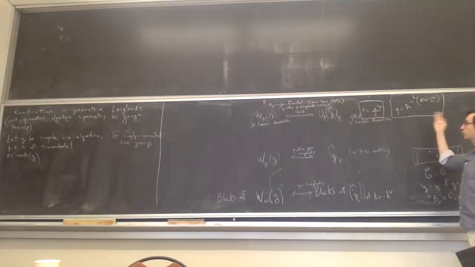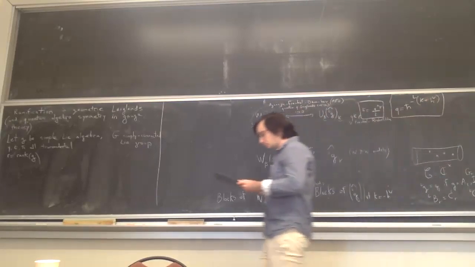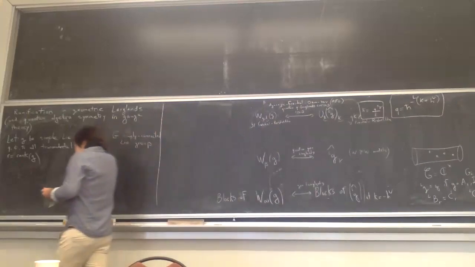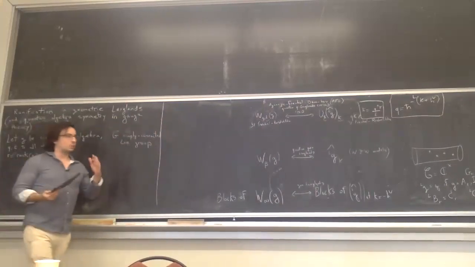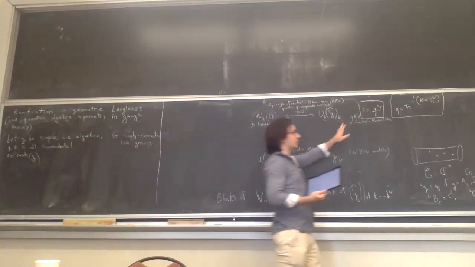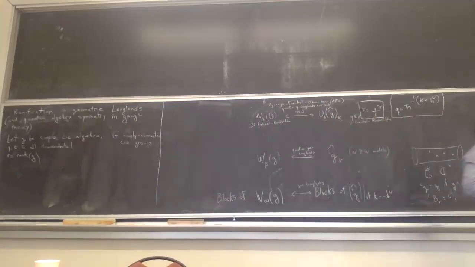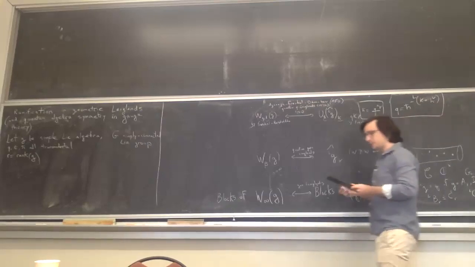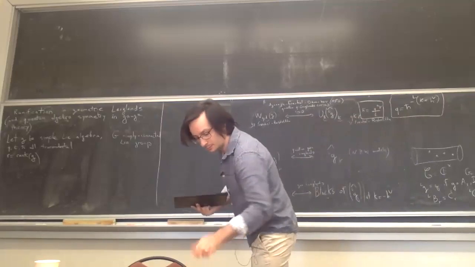You can express Q and T in terms of h bar and the level of the Langlands dual algebra, and vice versa. Okay, so I won't have time to talk about it, but this dictionary implies also a relation to S and T duality in gauge theory in four-dimensional Yang-Mills. Maybe we'll talk a little bit at the end about it.